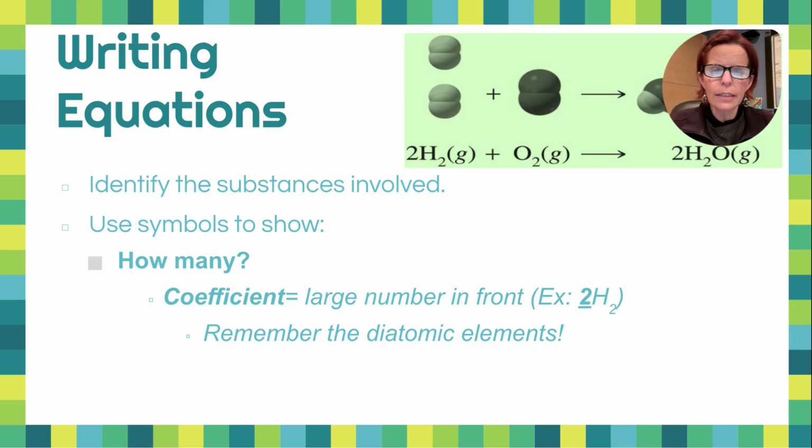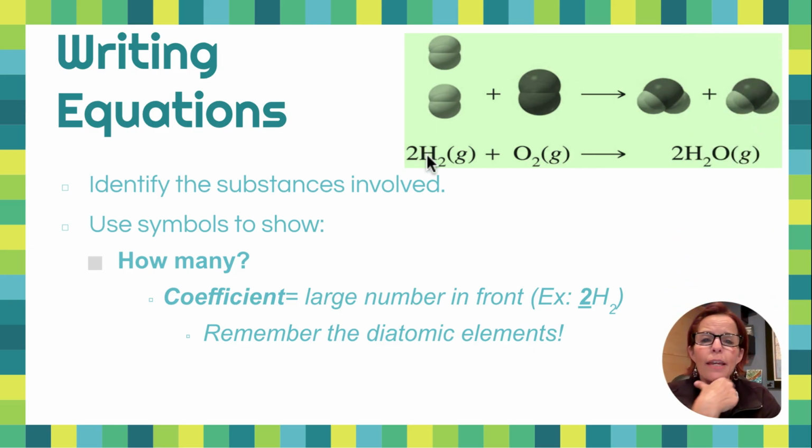So take a look at the equation that we have in the upper right-hand corner here. If I were to say the words, it would be hydrogen plus oxygen makes the product water. However, you need to remember when you write the equation that hydrogen isn't just H, it's H2. And oxygen isn't just O, it's O2 when it's by itself.